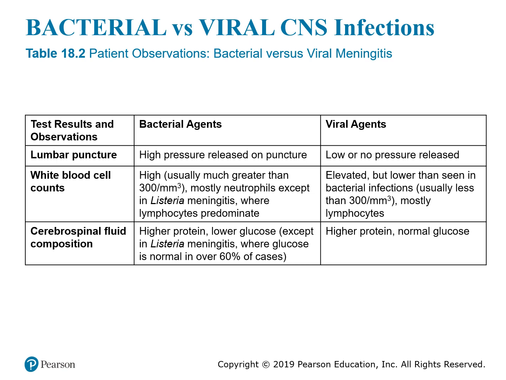Once that spinal fluid is sent to the lab, they are looking at that fluid to determine if there are white blood cells present. With bacterial meningitis, you're going to see a large number of white blood cells, and when you look at those white blood cells to differentiate what they are, you're mostly going to see neutrophils, except with listeria, where you would see more predominantly lymphocytes, so that can kind of confuse you with viral.